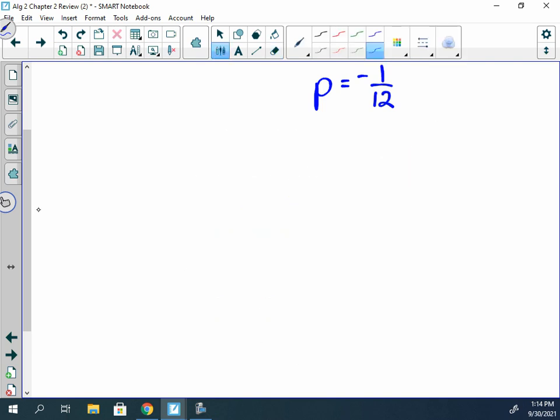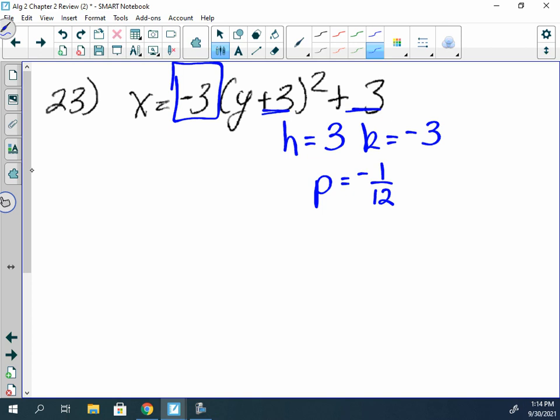Okay. So now that we have H, K, and P, we can go on and find the rest of the information. Now the vertex is going to be what? 3 and negative 3. H is 3 and K is negative 3. So we'd have the point (3, -3). Our focus.